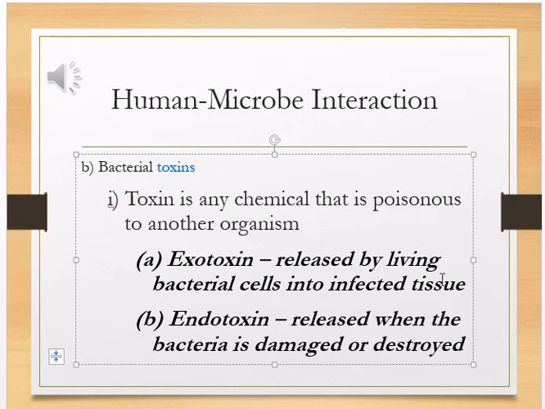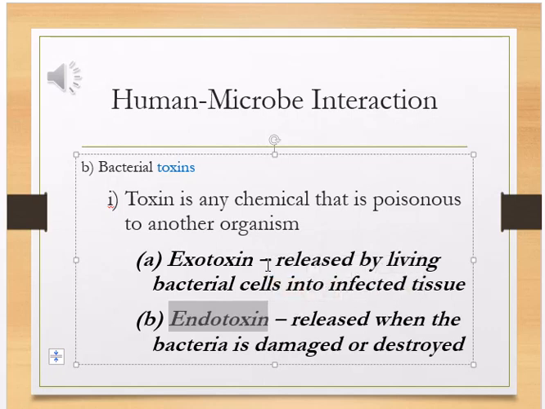Exotoxins are chemicals produced by the bacteria that cause infection to the tissue. Endotoxins are substances from dead, damaged bacteria. When the bacterium dies or gets fragmented, these pieces are called endotoxins, and they cause poisoning.